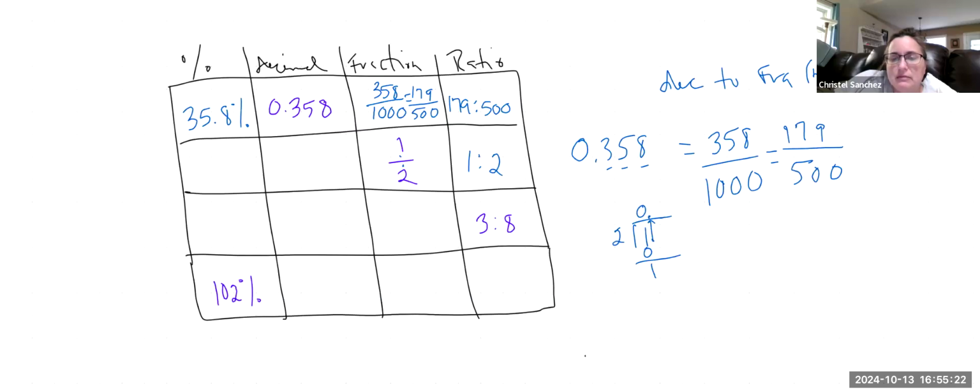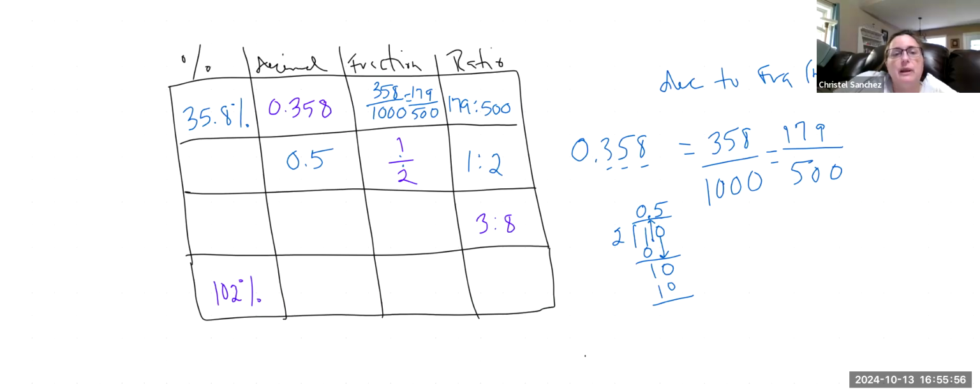Bring that 0 down, which gives me 10. Now, can 2 go into 10? It can, 5 times. So 5 times 2 is 10. So 1/2 would equal 0.5. Does that make sense? So to get a decimal from a fraction, I divide the top number by the bottom number.